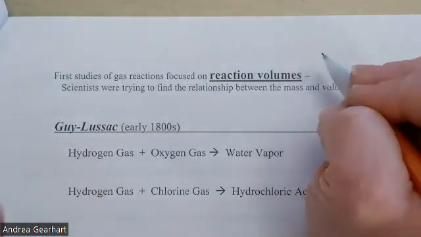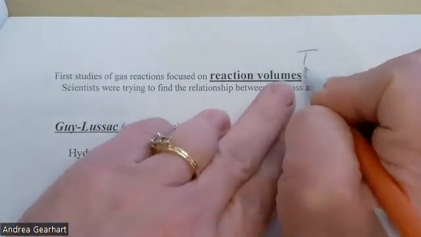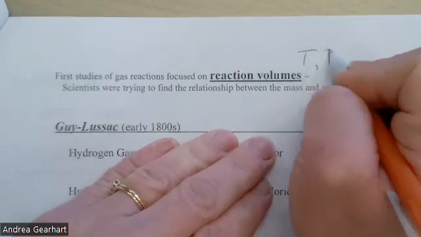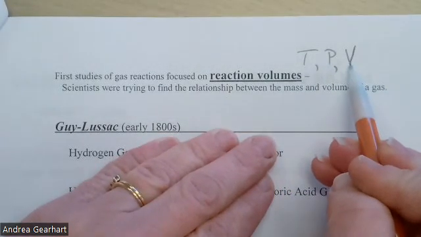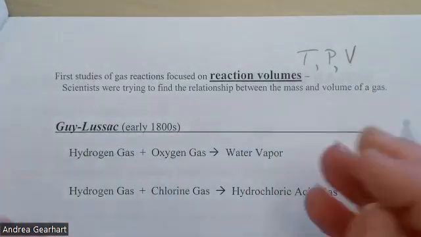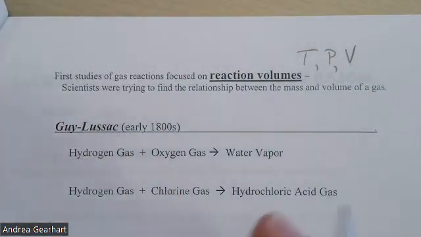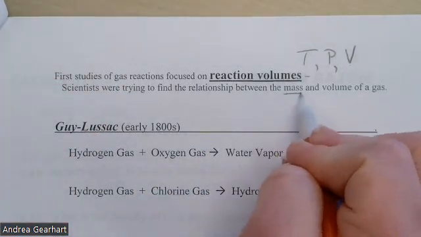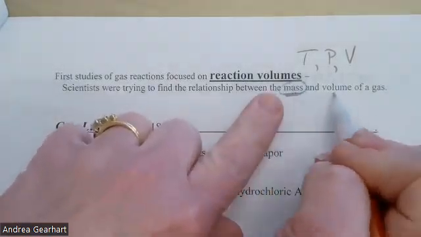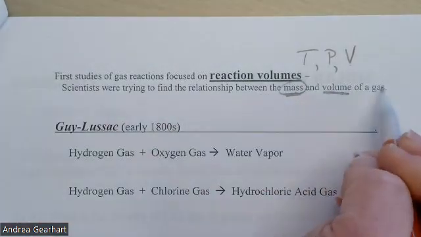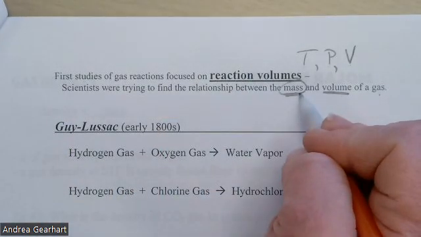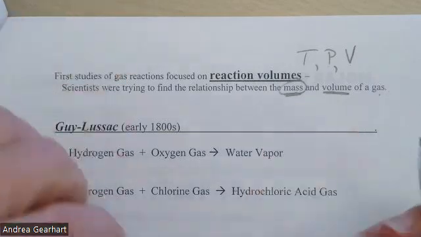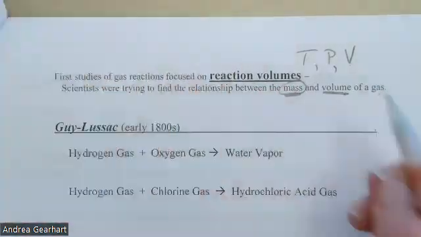So our first understandings came from investigating the relationships that we pursued last unit, the relationships of temperature, pressure, volume of gases. Then the turn came to understand gases in reactions, trying to really find the relationship between mass and volume. Volumes were what we were measuring, but how do we assess the mass of a gas, and how do we really connect mass to volume?